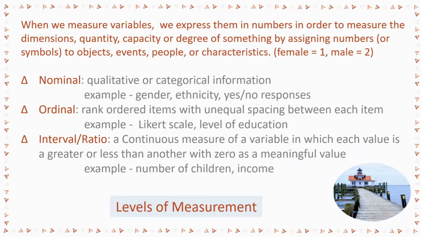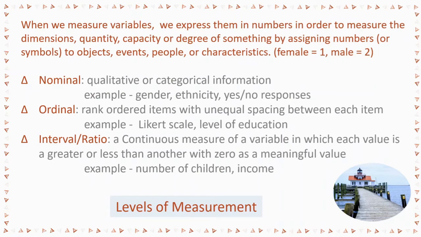And we also have interval or ratio variables. These are actually two different things. You can have interval or you can have ratio, but we sort of treat them the same. Ratio has a meaningful zero and interval does not, but they are both continuous measures. We see this often when we have something like weight or height. It's on a scale.